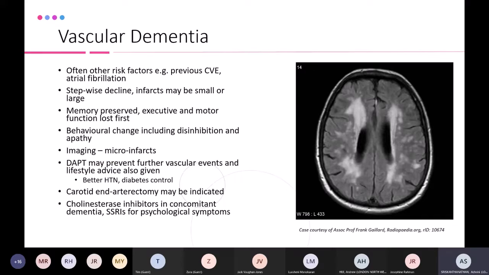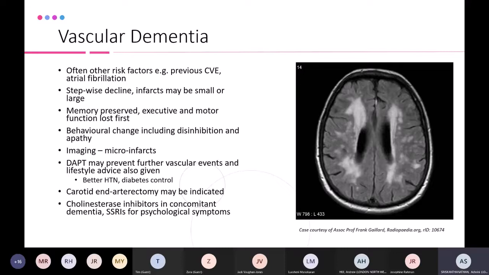The risk factors here are usually any sort of cardiovascular things, like hypertension. Diabetes also increases the risk of getting cardiovascular disease and adds to it. Other things like atrial fibrillation too.